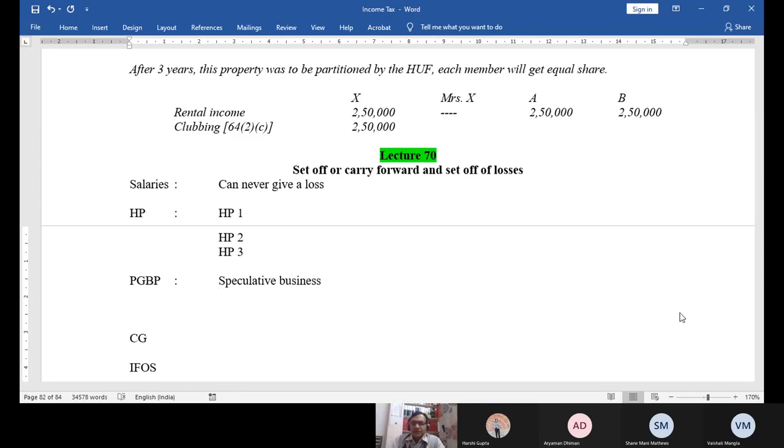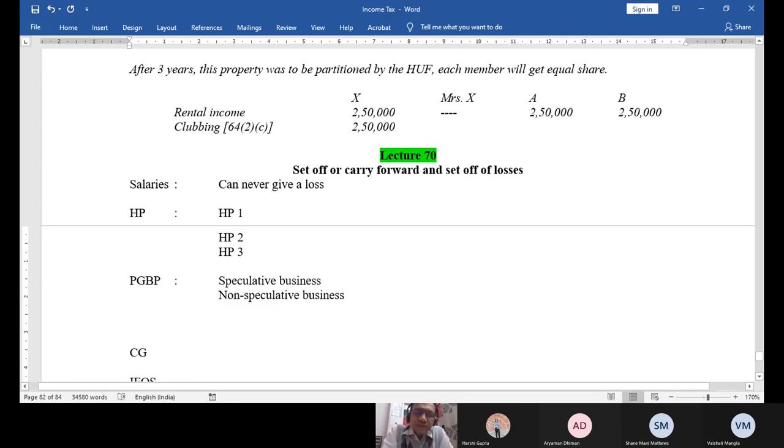Other than speculative, you have non-speculative business, and most businesses are non-speculative in nature: any cloth shop, stationery shop, juice shop. Within non-speculative, there are two categories. Some are special. Do you remember section 35 AD?